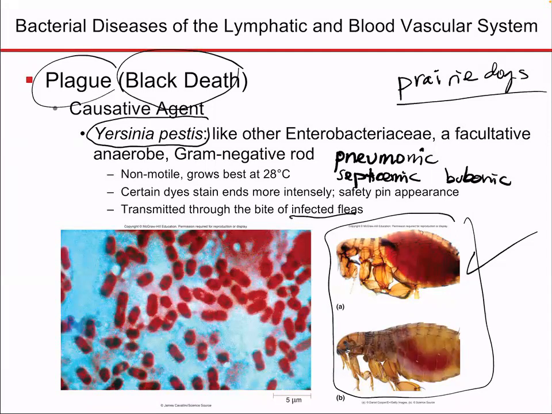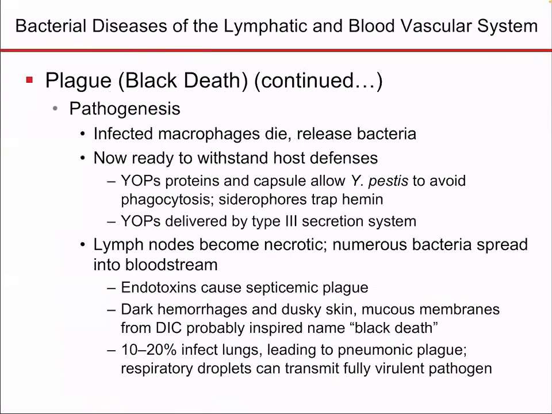So when that bacteria gets into the body, the bacteria brings important virulence factors, like, for example, the Yersinia outer proteins, this right here, YOPs.